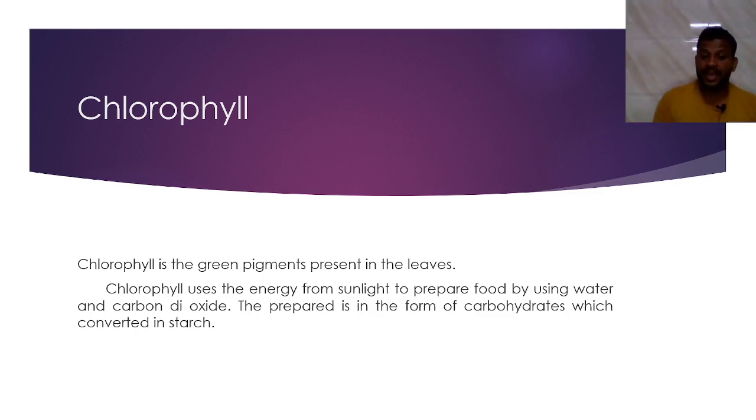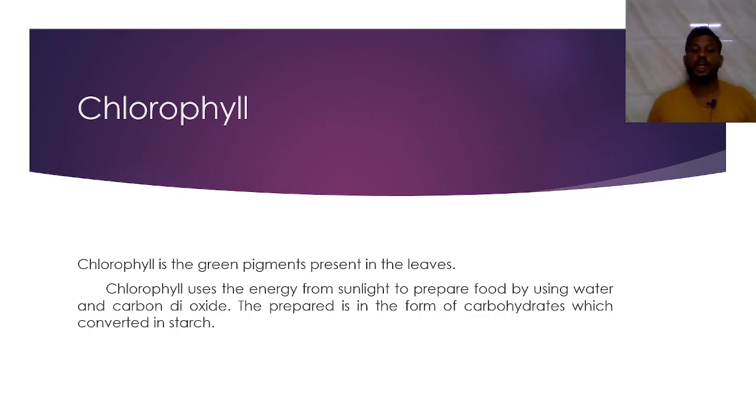The food which is prepared is in the form of carbohydrate. I told you that plants store their food in the form of starch. These carbohydrates, which are prepared in the plant's leaf, are converted into starch, and starch is the mode of storing the food.